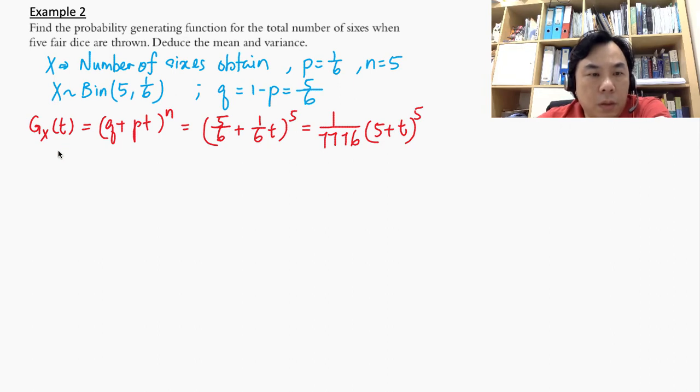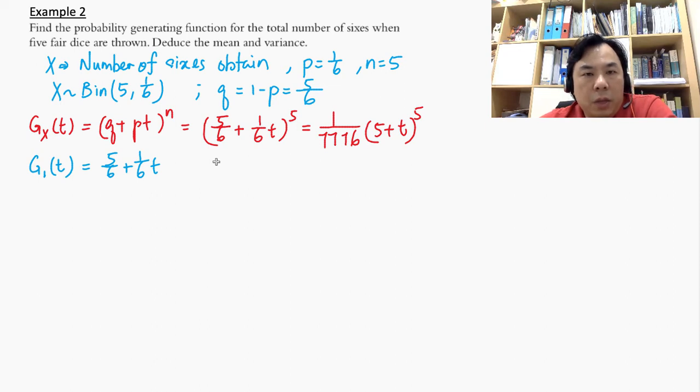Just to give you the connection here: first of all, the probability generating function for just one die itself, I would say G1, is given by 5 over 6 plus 1 over 6 t only. That is the probability generating function for one die.